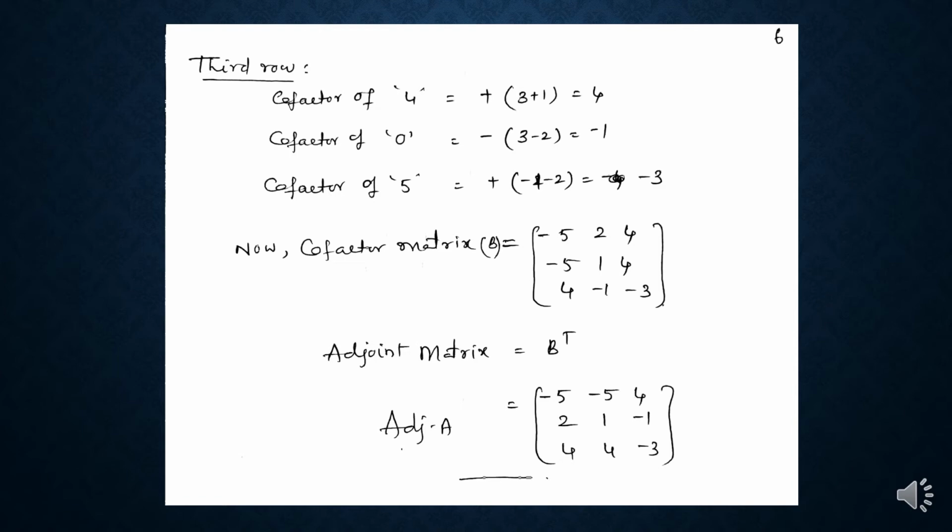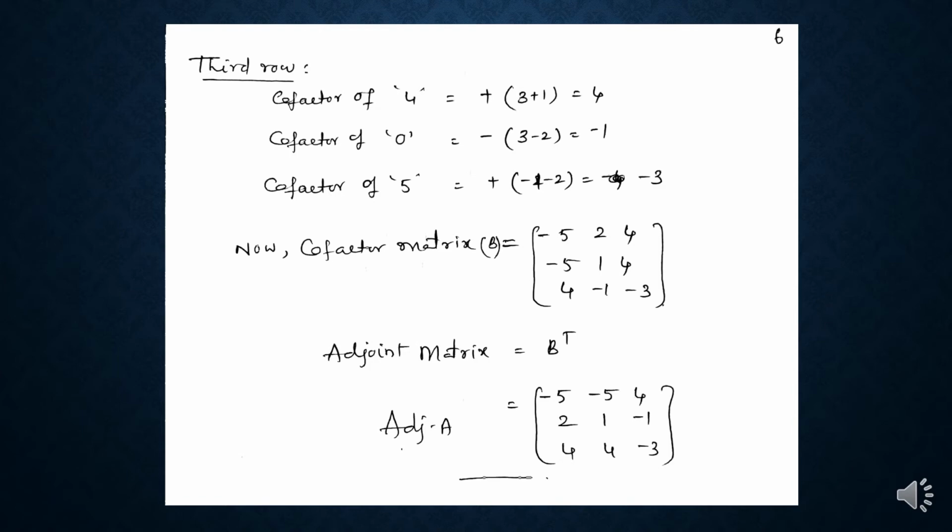Minus of 3 minus 2 is equal to minus 1. The last element, cofactor of 5, is equal to, by deleting the row and column of that element we will get 1, 1, 2, minus 1, that is minus 1 minus 2, that is equal to minus 3. Thus we find all the cofactors of the matrix.